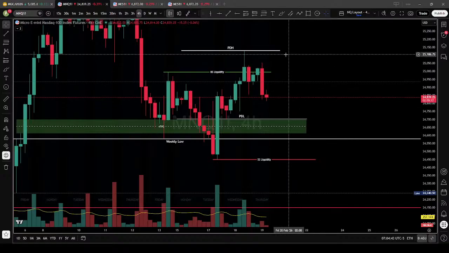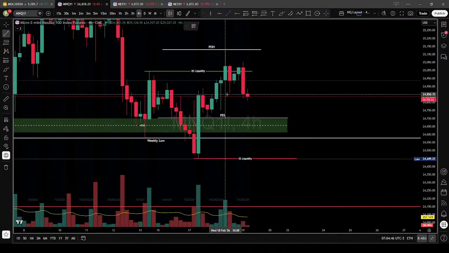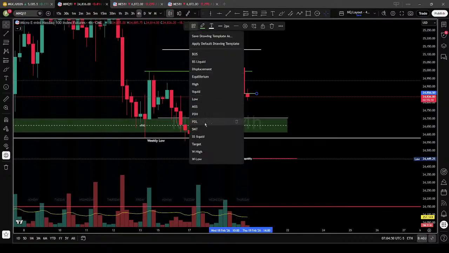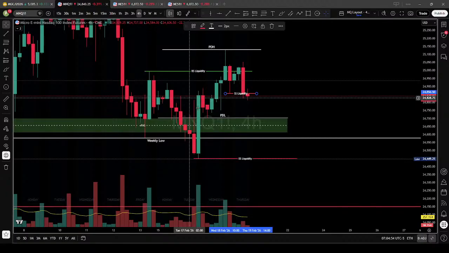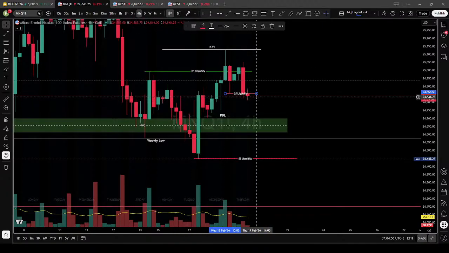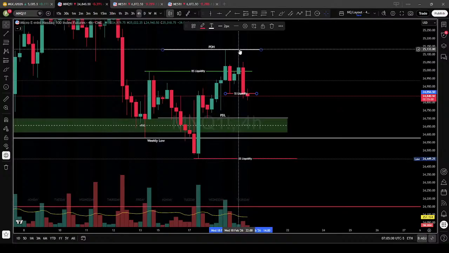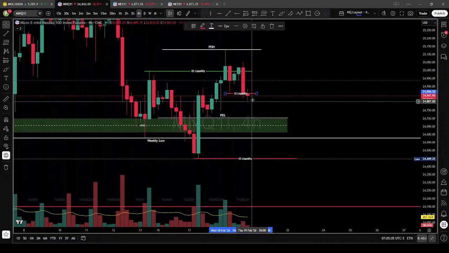Okay, we also have to see that there is another swing low right here, which is sell side liquidity. And if this bullish structure continues, then after taking out this low, it should be heading up higher and taking out previous day's high.